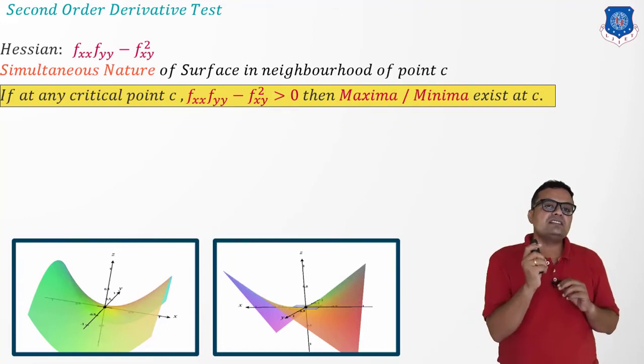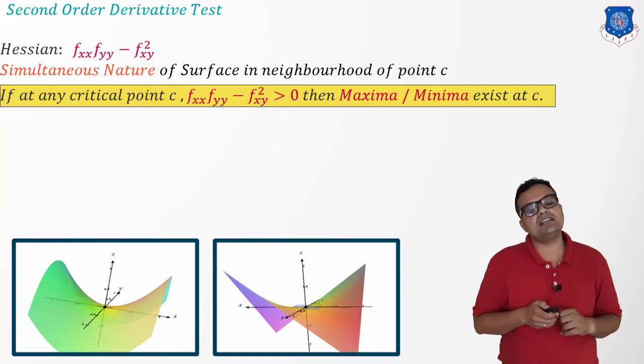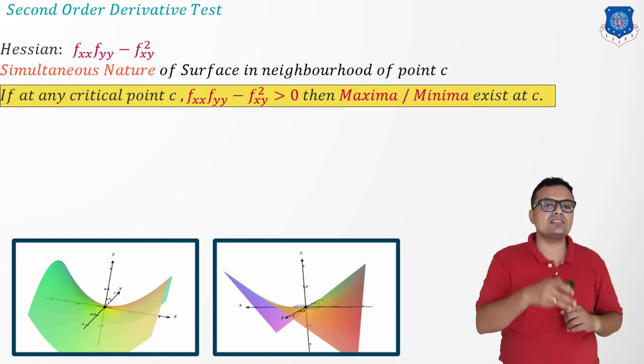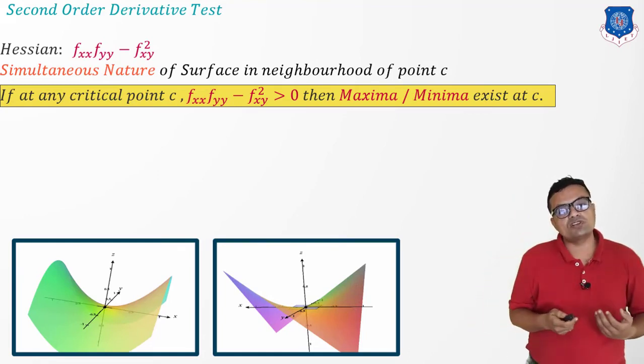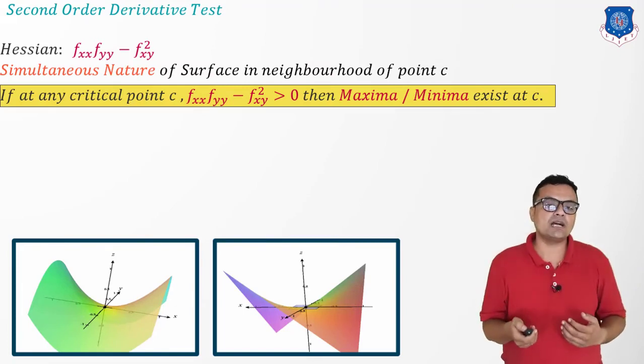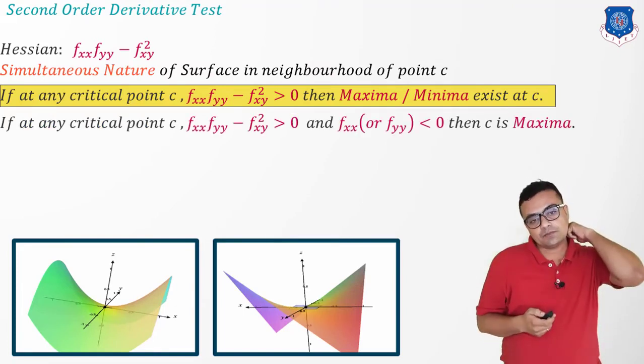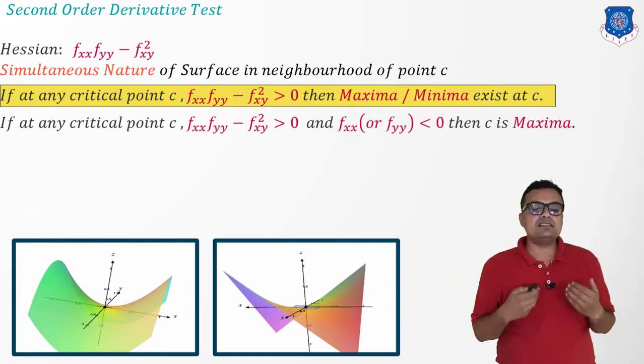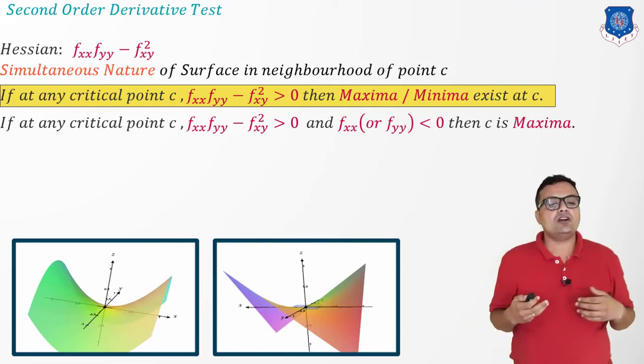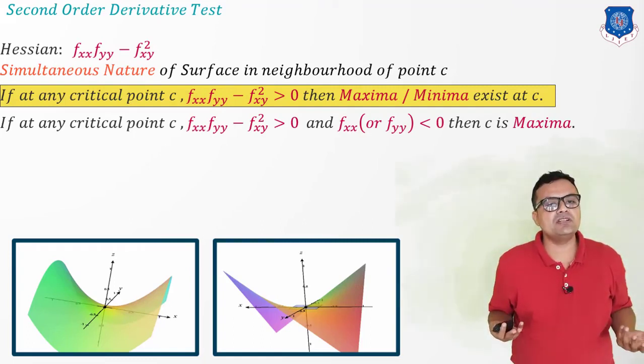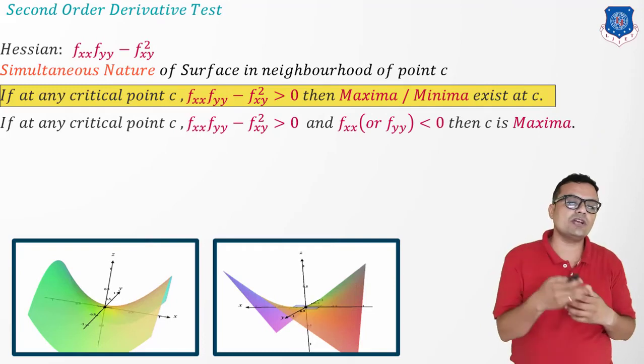So if the Hessian is greater than 0, then and only then we can say the simultaneous nature exists in the neighborhood of C, and so the function can attain maxima or minima at C. In particular, if the Hessian is positive, we can take acceleration in any random direction. So I can choose with respect to x or y.